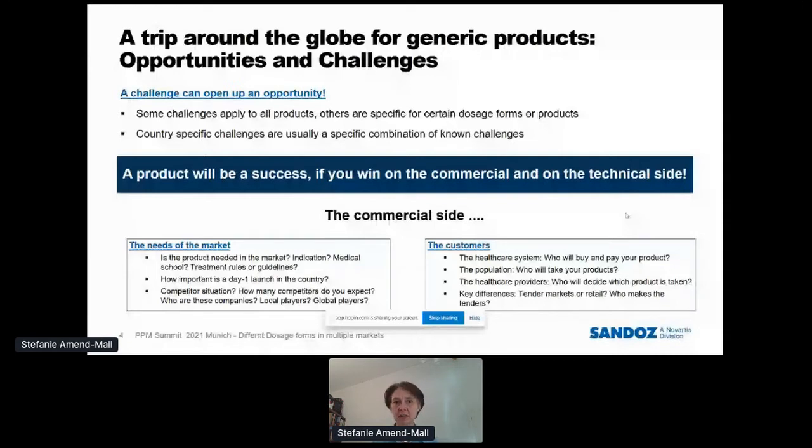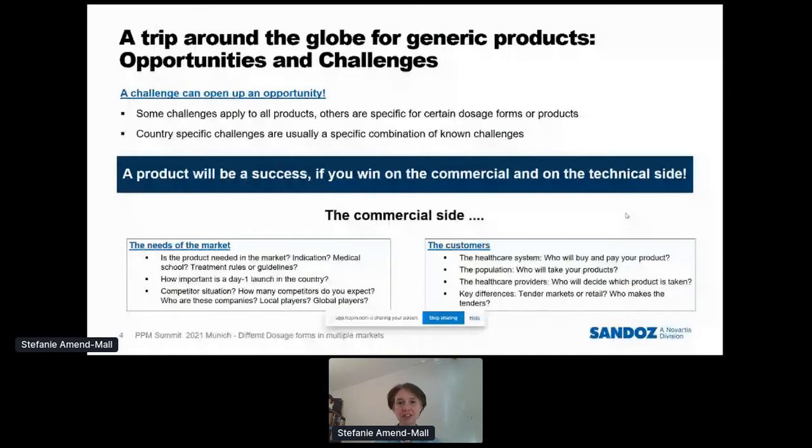So what does the market really need? What do the patients need? Which therapeutic areas? Which product? But on the other side also, who will pay for your product? Is it a tender market? How are the healthcare systems set up? To be very honest, also, how rich is the country? So can they afford products? And how can you fit to these requirements?